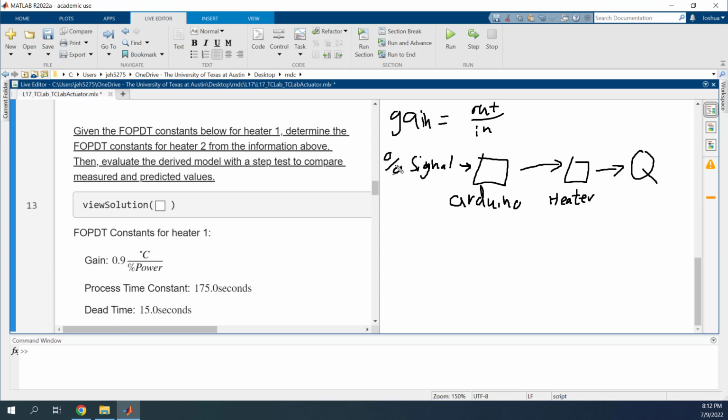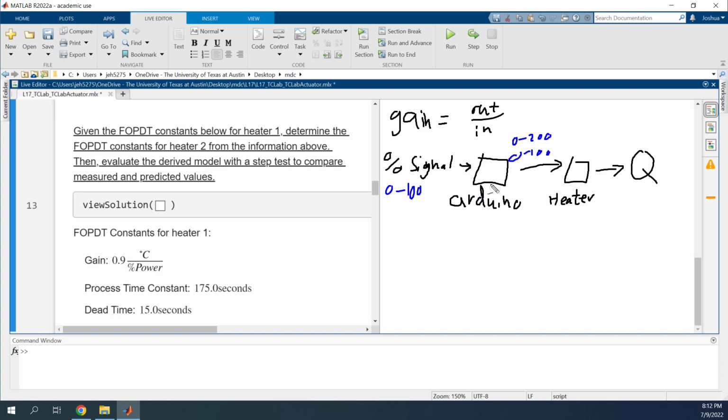So there you have it. A percentage signal is sent. Let me change colors. Do like a good blue. So this is between 0 and 100. This then goes to, I'll do it up top, 0 to 200, or 0 to 100 for heater 2, and that then goes to some heater setting which then produces power.